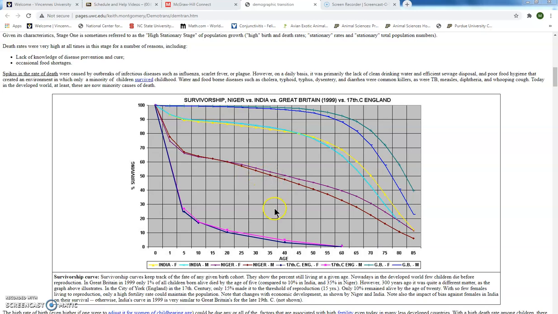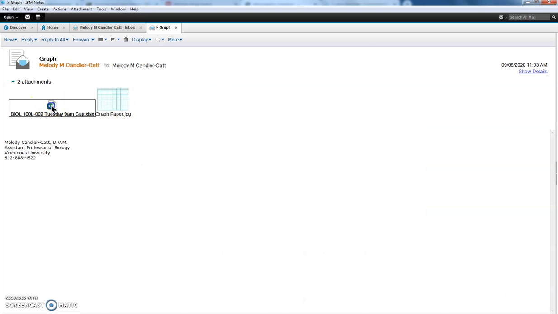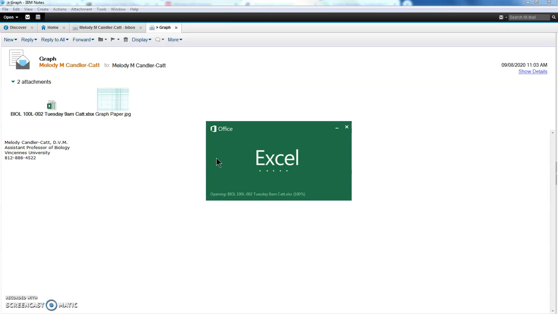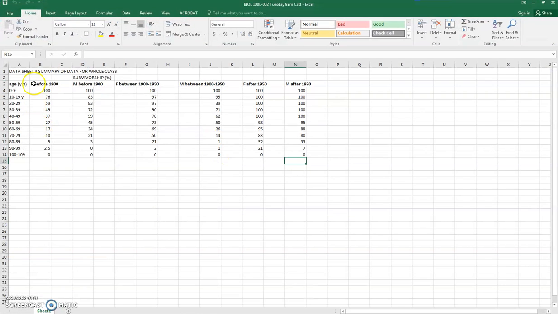So that's how you're going to create your graph. Let me pull up our Excel file. I think I still have it in here. Yeah, that I sent to you. Let's say you're going to do the information for the females that were born before 1900.